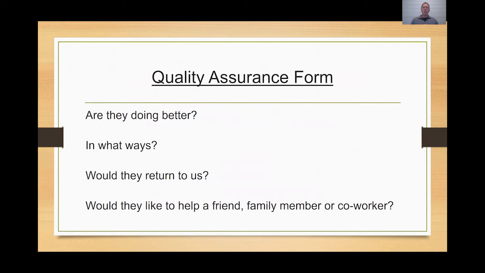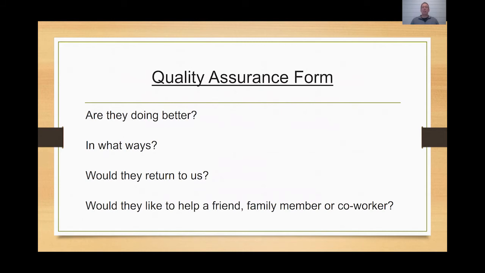The questions were derived from these. These aren't the exact questions, I'll share the exact questions with you in a second, but here's the essence of the question. First question: is your patient doing better?